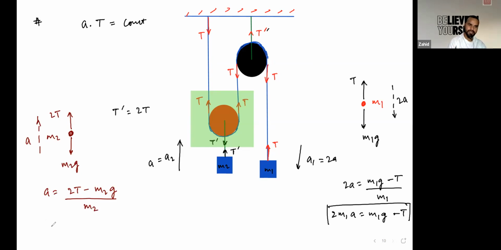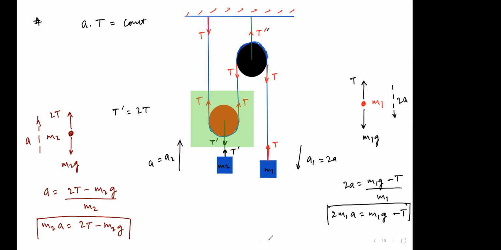Move this M2 to the other side, you will get M2A is equal to 2T minus M2G as your second equation. Is it clear? Hiba, is it clear? Yes, sir. Salman, any doubt? No, sir.